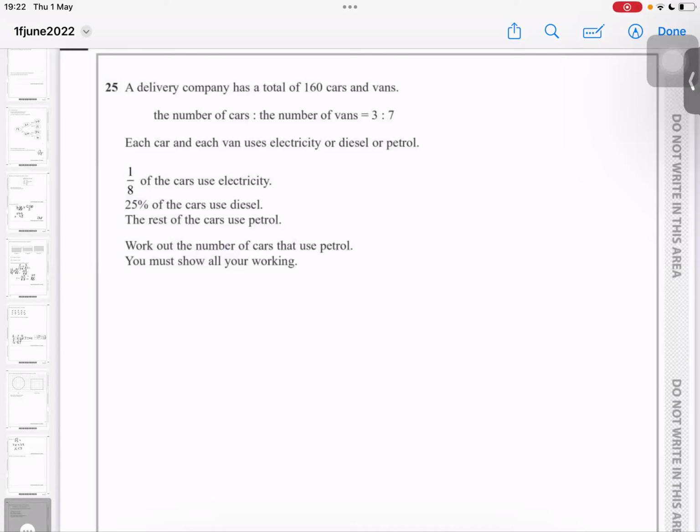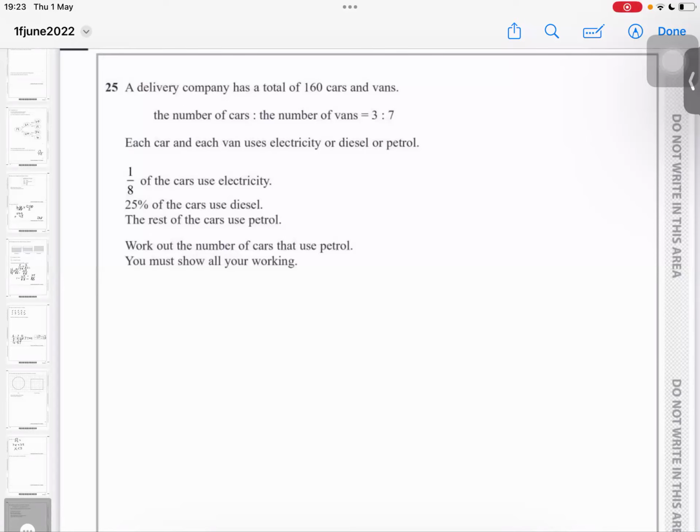It says a delivery company has a total of 160 cars and vans. The ratio of the number of cars to the number of vans is equal to 3:7. That's just a ratio, so let's just keep that as a ratio. Move on. It says each car and each van uses electricity or diesel or petrol.